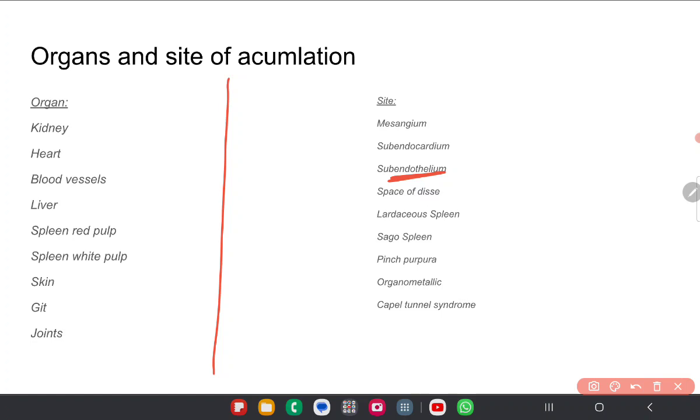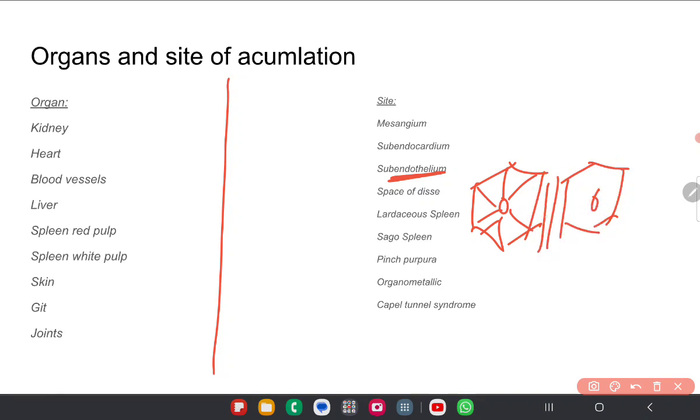What is this, sir? Generally hepatocytes are arranged in hexagonal patterns like cords, and the space between them is the space of Disse. When accumulation takes place here, it leads to compression of these components, which leads to liver necrosis.